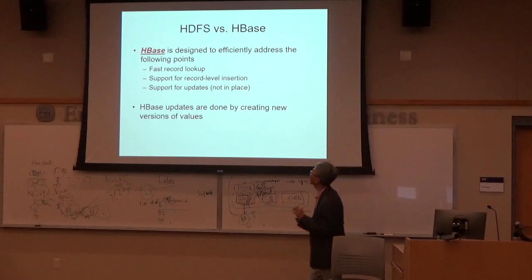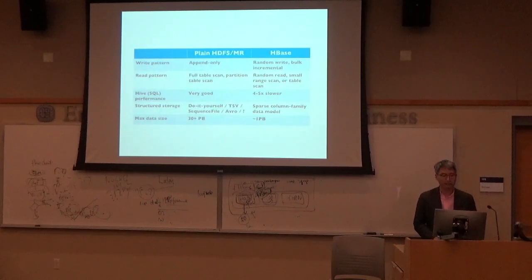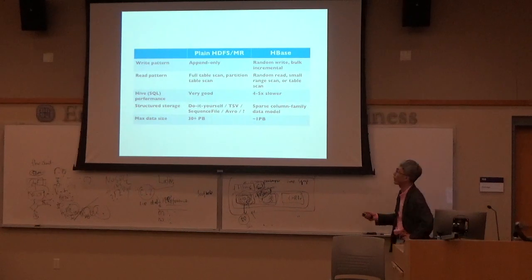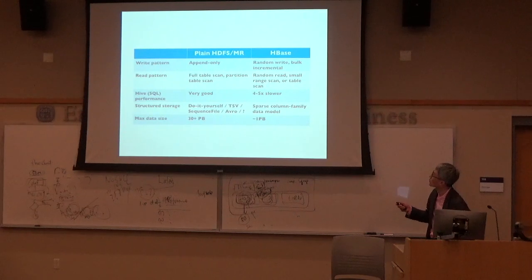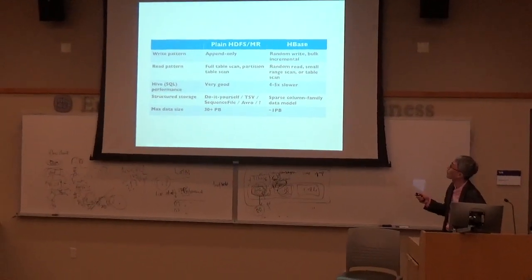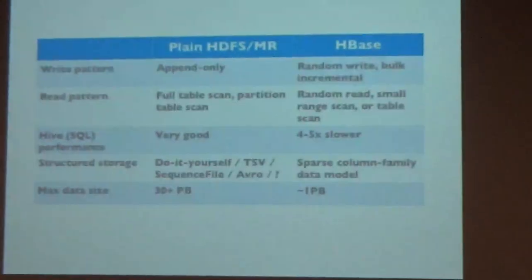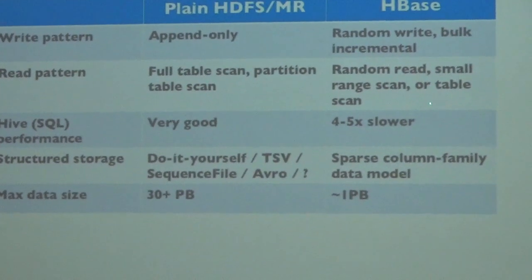Okay, so that is HBase. This is a comparison between HDFS and HBase. This part you already know. The HDFS is append only, but HBase is random writing and bulk incremental, but it will be done in a separate data structure, a memory data structure.